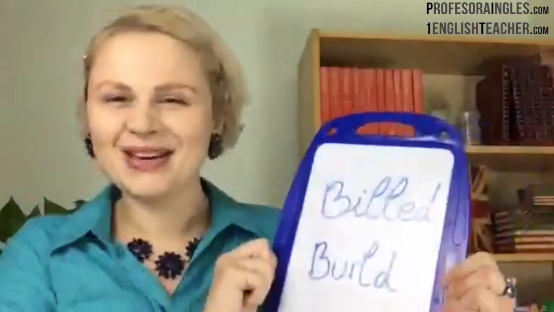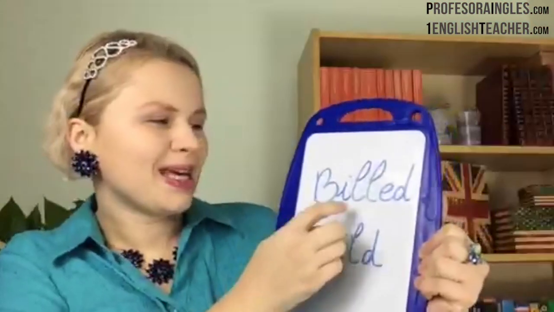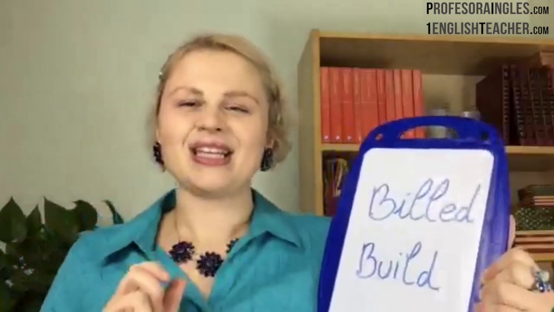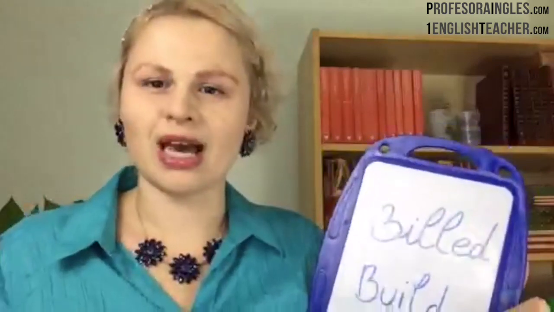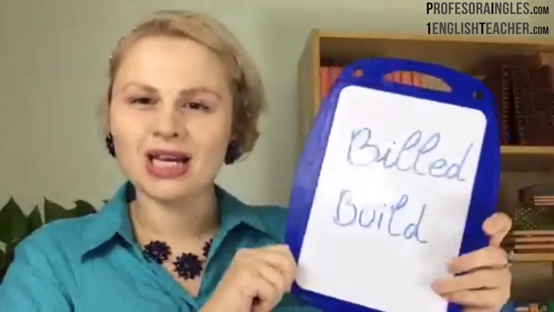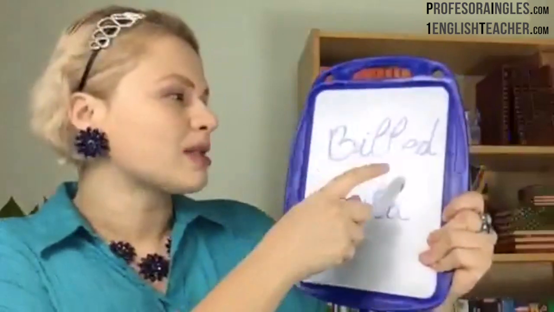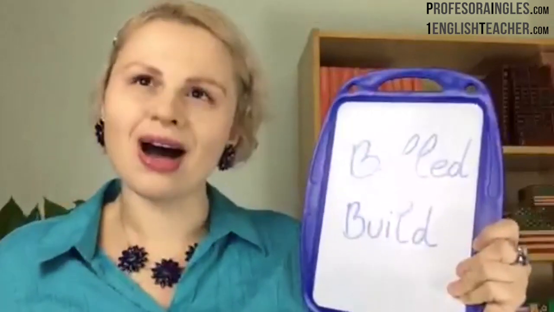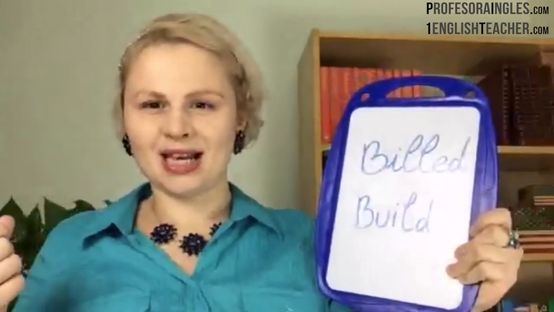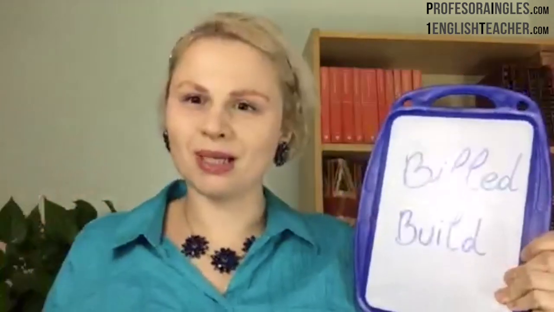So let's continue with bill and build. Okay? So I was billed for my potatoes. I ordered some delicious potatoes, and after that I was billed. You can also be billed by the electricity company.